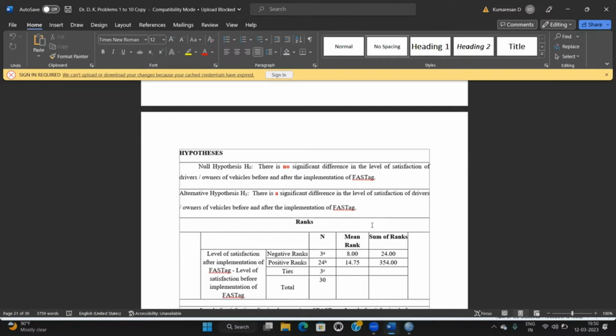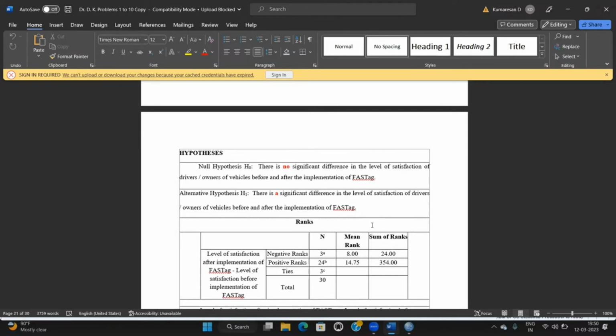That's all. So what is the non-parametric equivalent to the independent sample t-test? Mann-Whitney U test. What is the non-parametric equivalent to one-way ANOVA? Kruskal-Wallis test. What is the non-parametric equivalent to the paired sample t-test? Wilcoxon test.